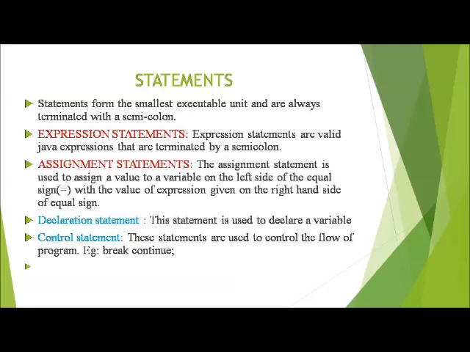Expression statements. Expression statements are valid Java expressions that are terminated by a semicolon. Assignment statements. The assignment statement is used to assign a value to a variable on the left side of the equal sign, with the value of the expression given on the right-hand side of the equal sign.